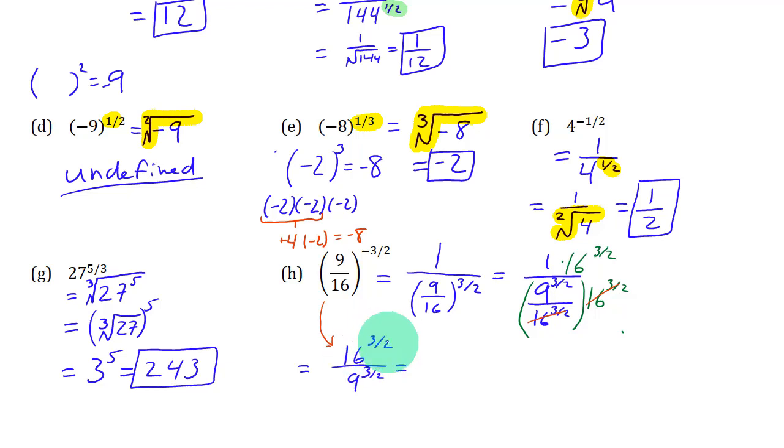The 16 to the 3/2, the divided by 2 part, I'm going to do as a square root of 16, and then raise that to the power 3. And then the 9 to the 3/2 is going to be a square root of 9, and then raise that to the power 3.